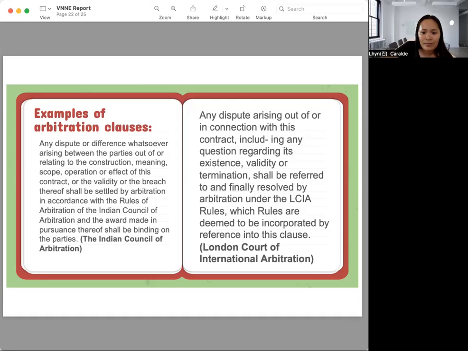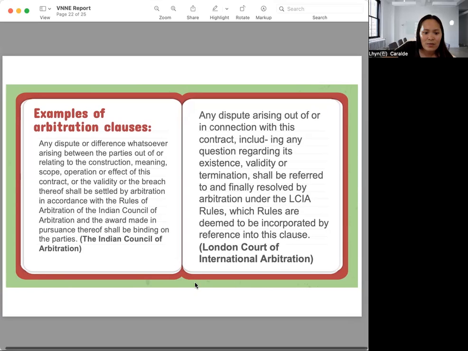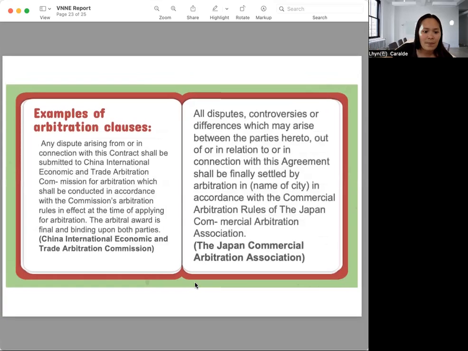Next one, the China International Economic and Trade Arbitration Commission: Any dispute arising from or in connection with this contract shall be submitted to the China International Economic and Trade Arbitration Commission for arbitration, which shall be conducted in accordance with the Commission's arbitration rules in effect at the time of applying for arbitration.